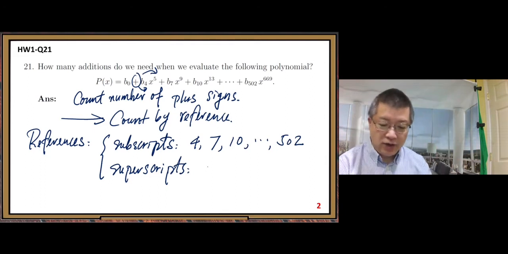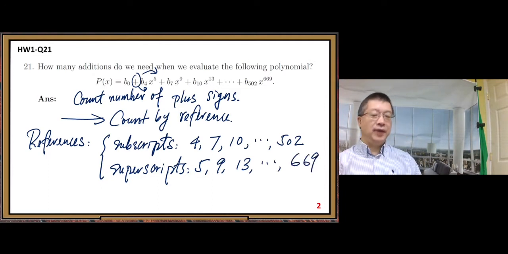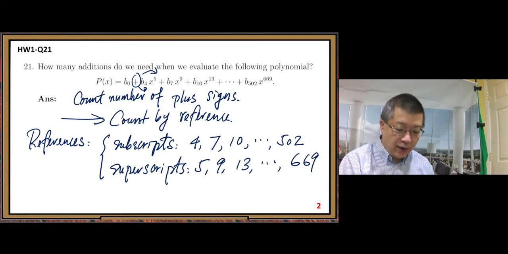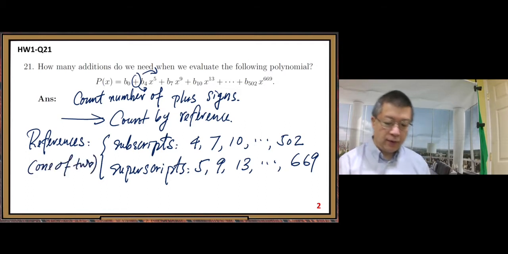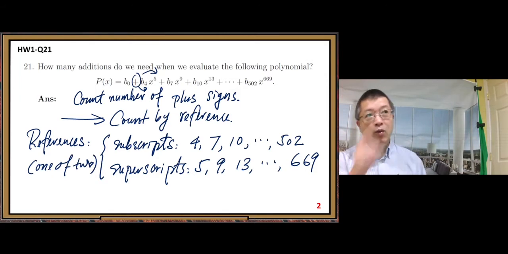For superscripts, you list them: 5, 9, 13, ..., 669. But you only need to use one of the two. Not necessarily both. One is enough.